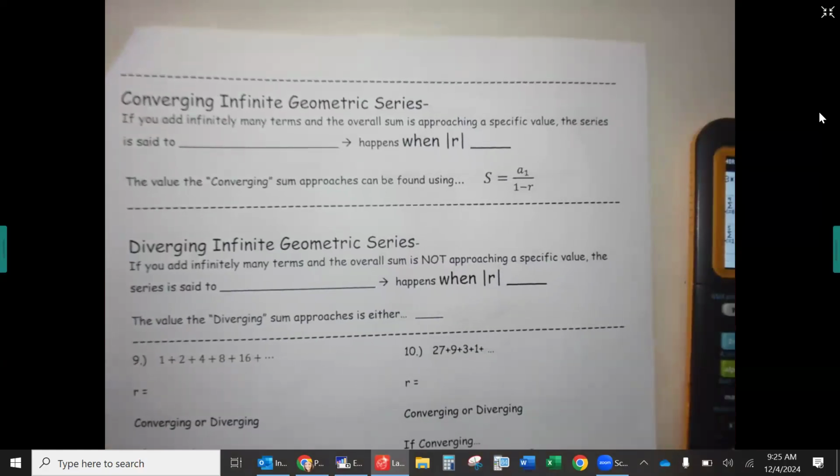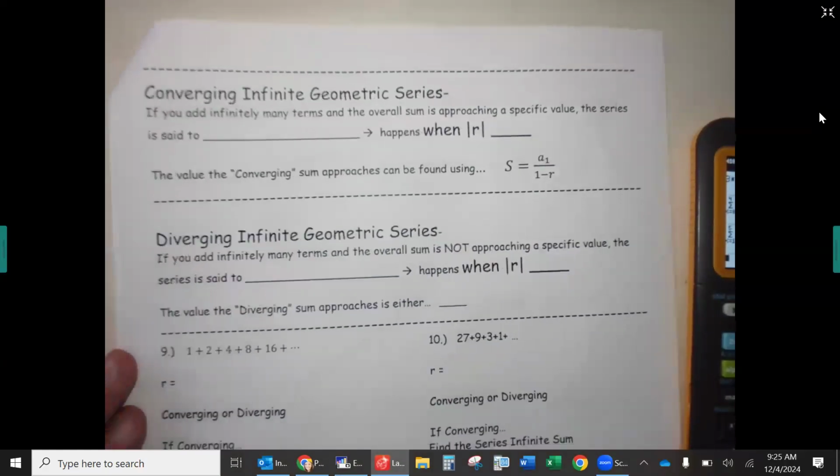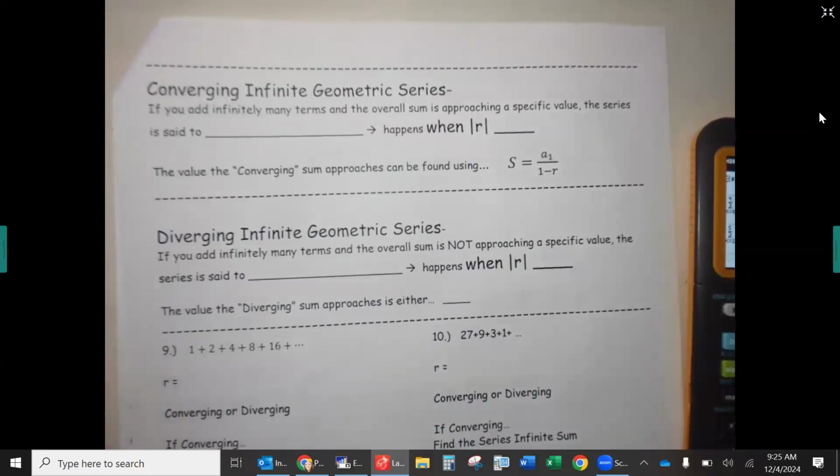Okay, when you have a series, remember what we said, a series means you have a list, you're adding them all up. Okay, if you take your list and you make it go on and on and on to infinity. So essentially you're saying you're not going to have a stop number. Your stop number is to infinity.